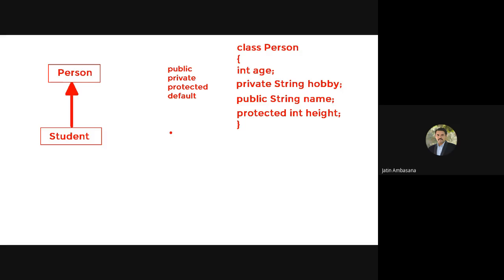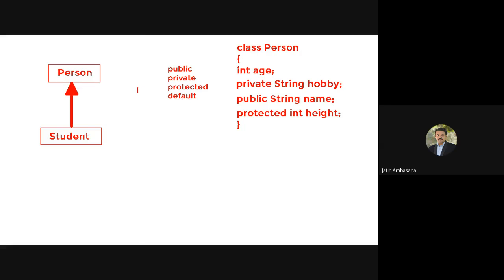So what happens is, which properties does the student get from the person class? The age property, name property, and the height property. Okay, the age, name, and height. It does not get this hobby property.